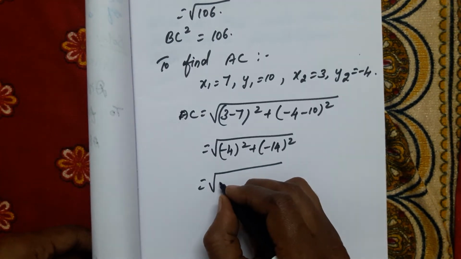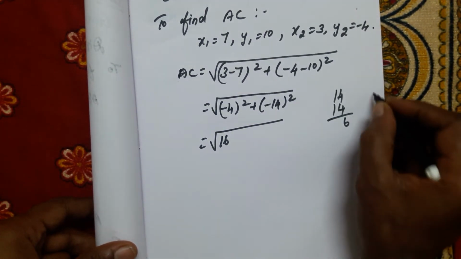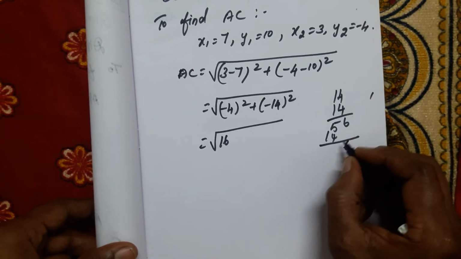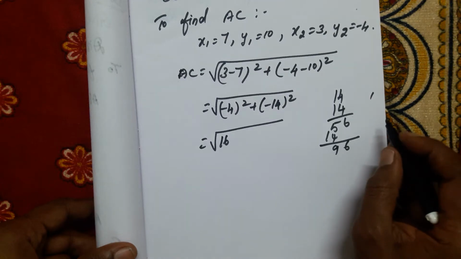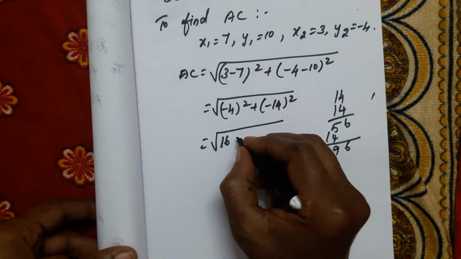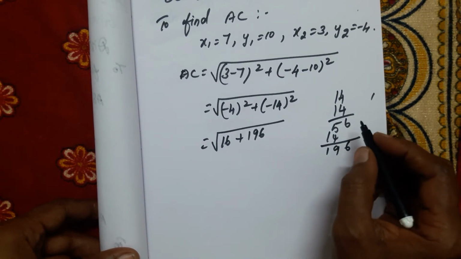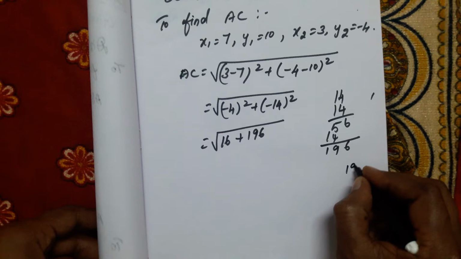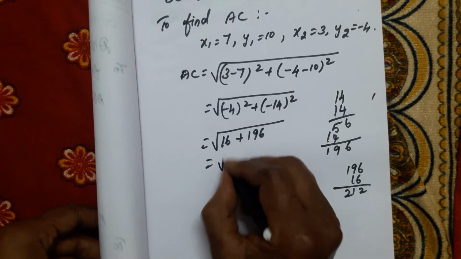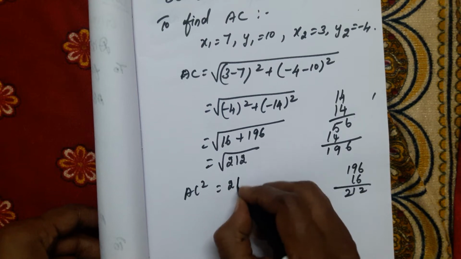Minus 4 the whole square is 16. 14 into 14 is 196. Minus 14 the whole square is equal to 196. Next 196 plus 16, root 212. Next AC square is equal to 212.